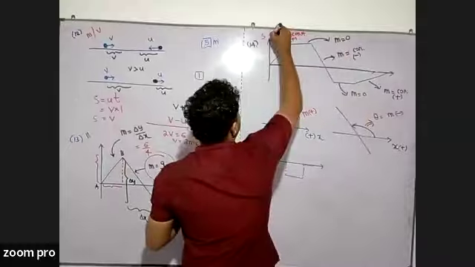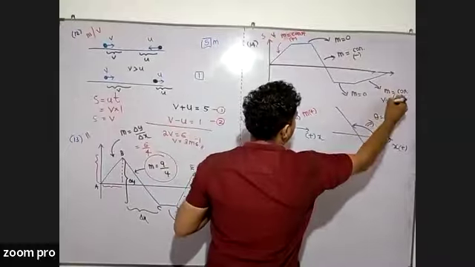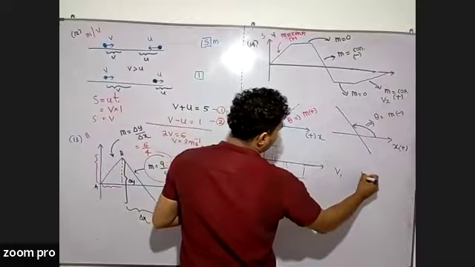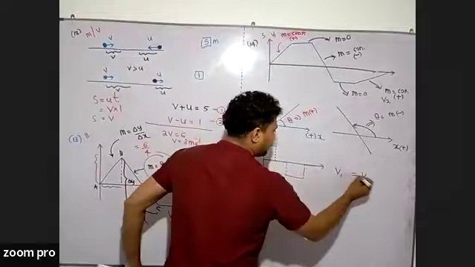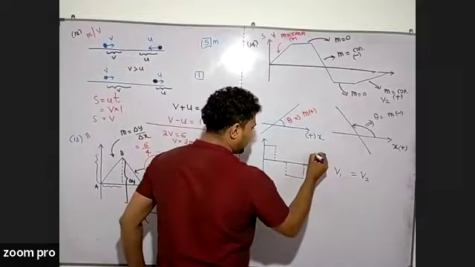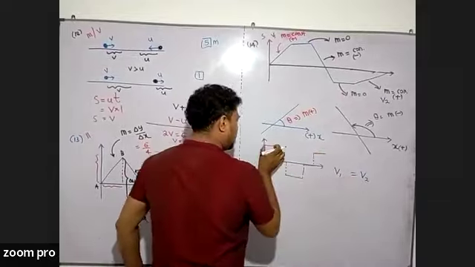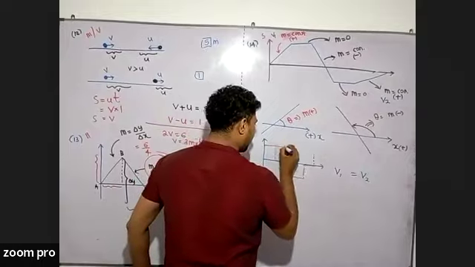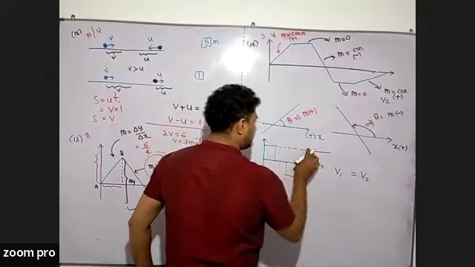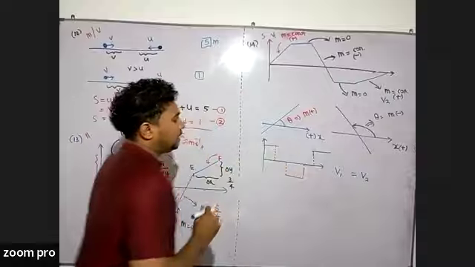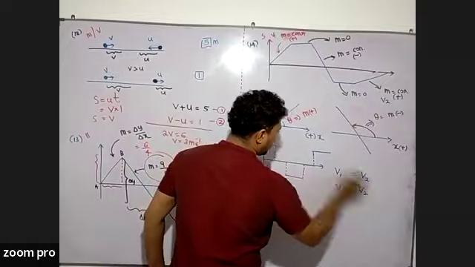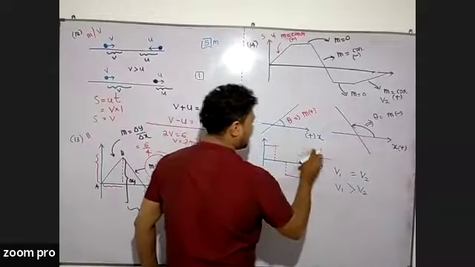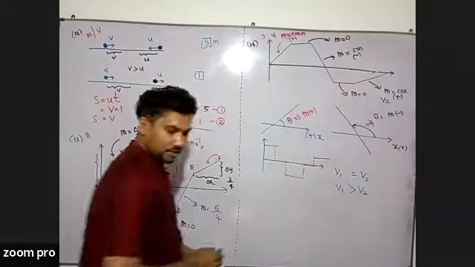Let's consider this velocity as v1 and this one as v2. We have to figure out which one has the greater value. If v1 equals v2, then this should be drawn equal to this one. If v1 is greater than v2, this should be drawn something like this, right?